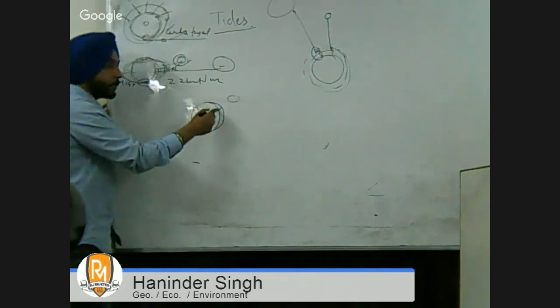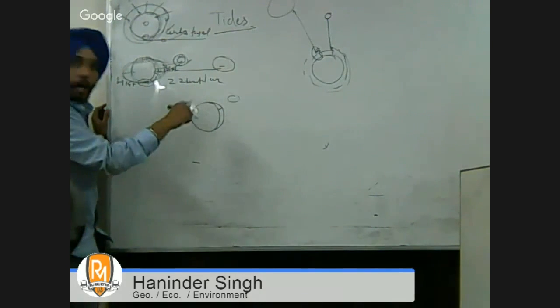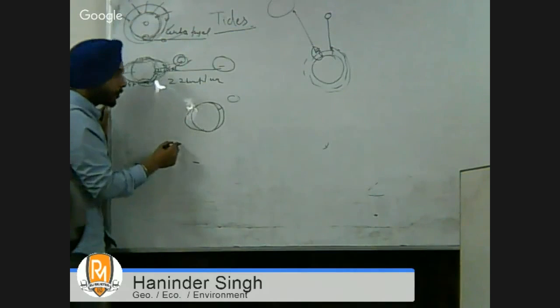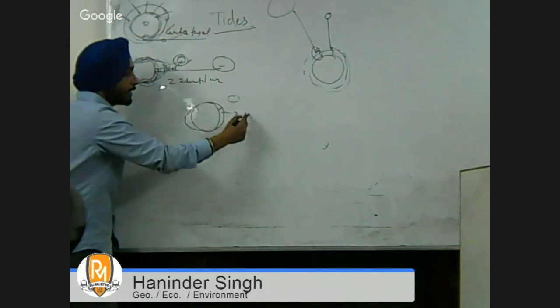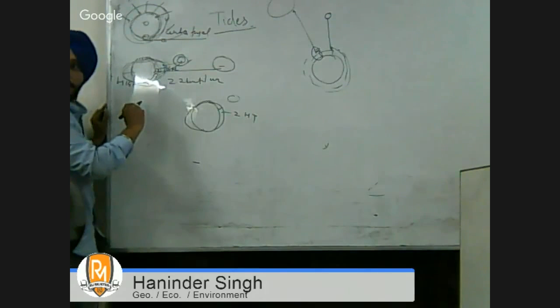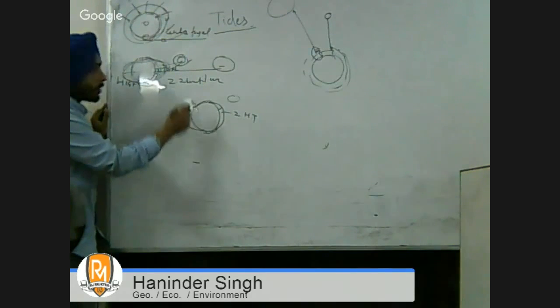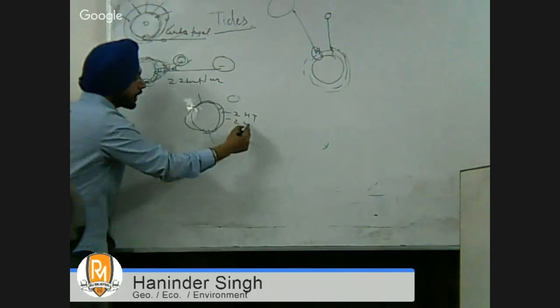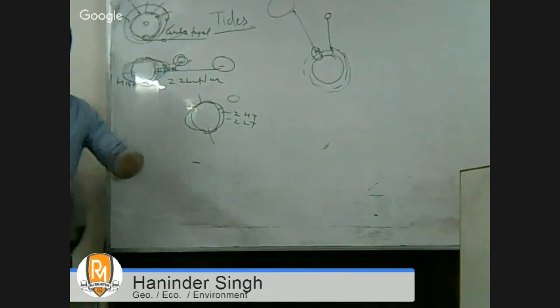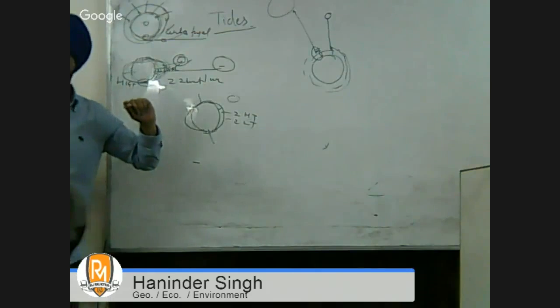The tide in this area would be high tide or low tide? High tide. So we have 2 high tides. In the same way, the water is compensated from here, so this would be low tide. So there are 2 low tides as well. So normally we see semi-diurnal tides because of this.